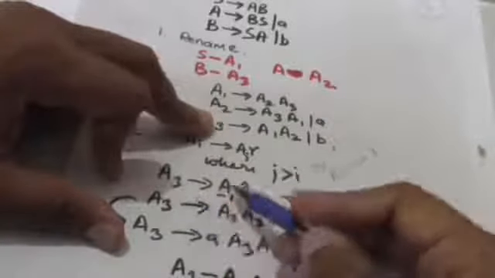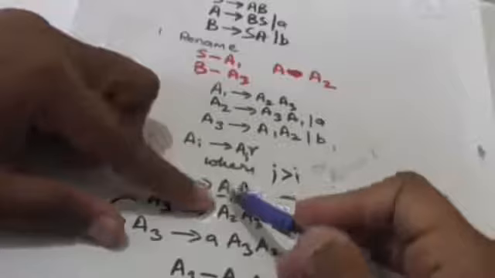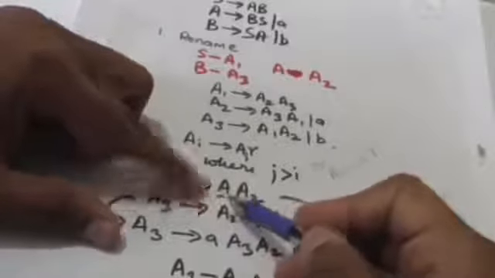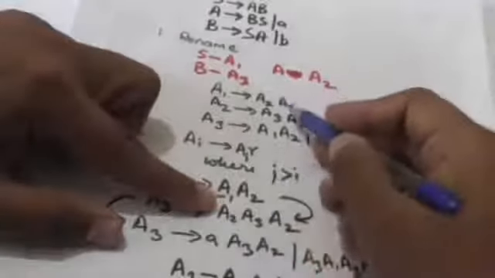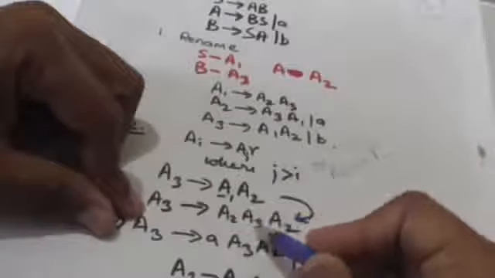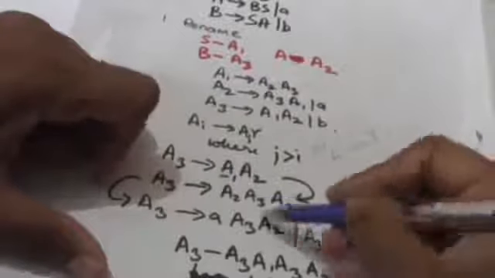So the productions which we get after replacing A1 by A2, A3 is this one. A3 derives A2, A3, A2. Now again, this production doesn't satisfy this condition, right?